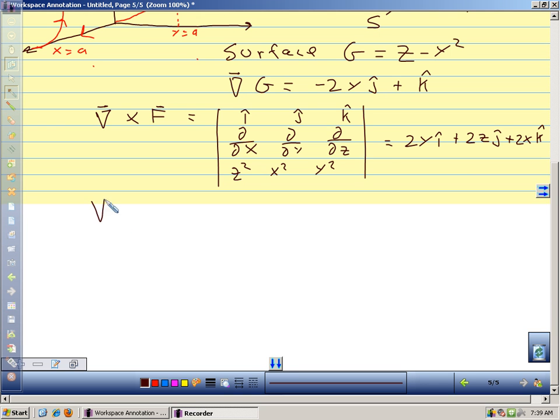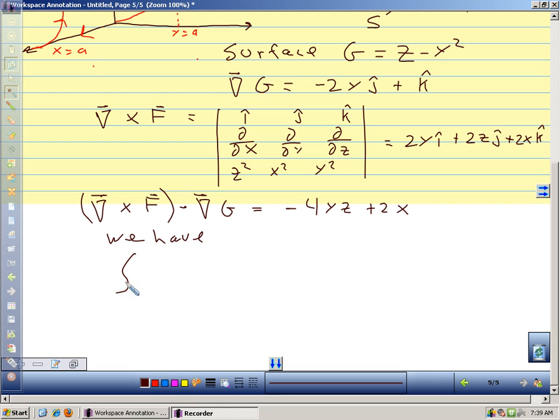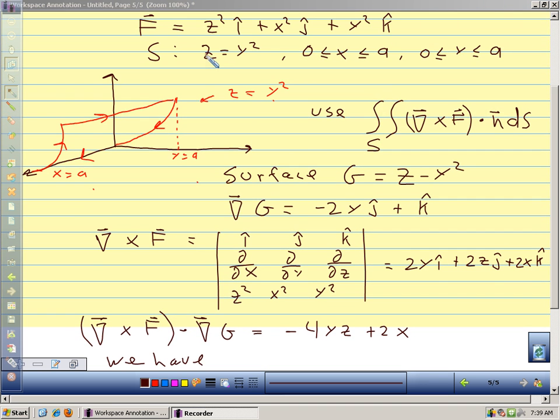Now we're going to do del cross f for our integrand, del cross f dot del g. When we take the dot product, we get minus 4yz plus 2x. So that's going to be our integrand. So we're going to integrate the double integral over our region of minus 4y times z, but z is y squared.